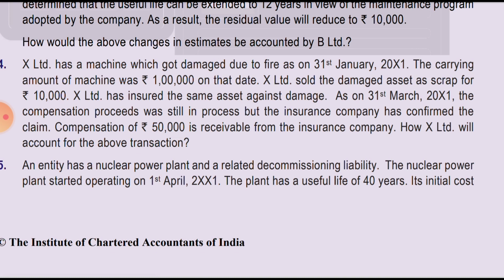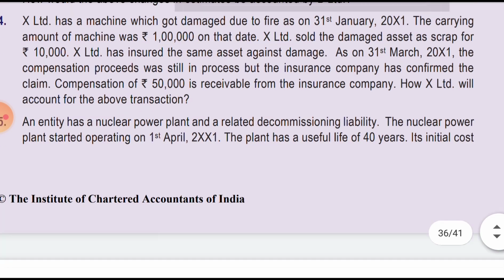Should X Limited account for the above transaction? Yes. 90,000 will be the impairment loss, transaction loss, as it has been disposed and we have received only 10,000 rupees, and this 50,000 will be accounted as receivables in the balance sheet.